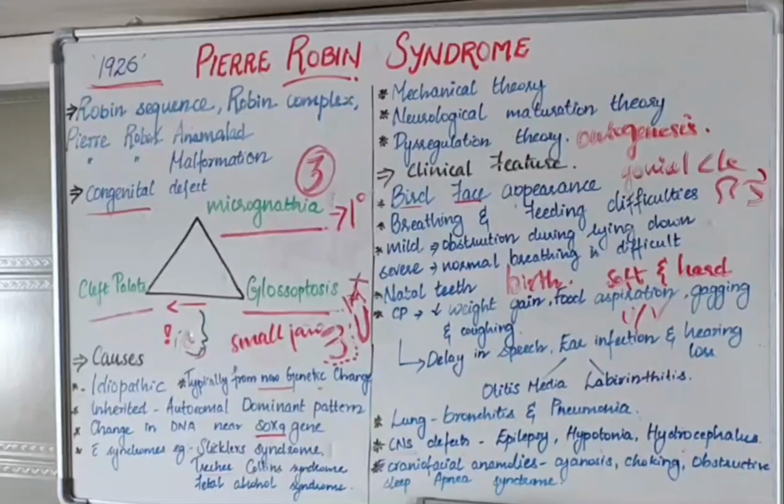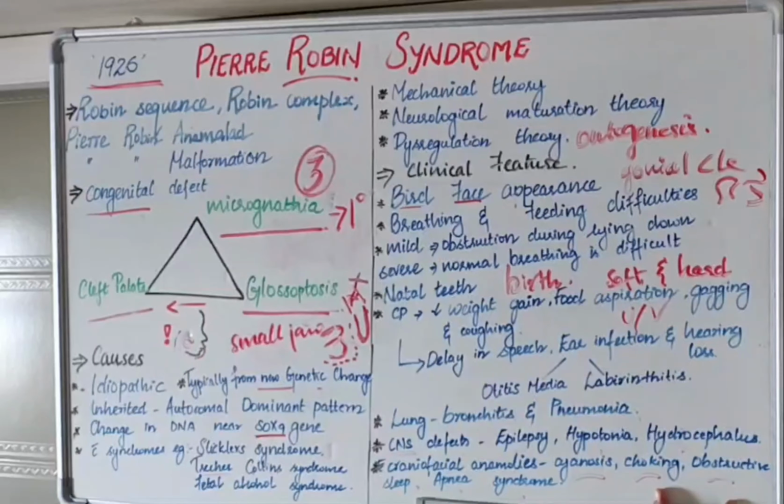When it is very severe and also present with other craniofacial anomalies, we can see cyanosis, choking, and obstructive sleep apnea syndrome. Cyanosis means, due to improper oxygen supply, the skin and nails become blue in color. Choking is due to the difficulty in breathing.